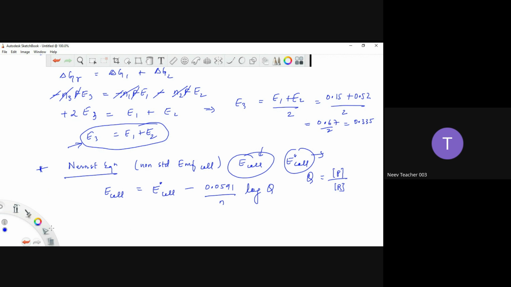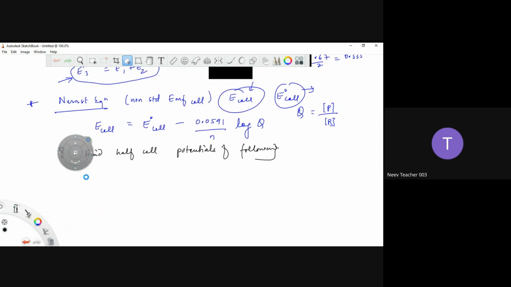Okay. Then the question I'm going to ask is: find the half cell potential of the following. First part, this is the half cell, Mg going into Mg2+, and the magnesium 2+ ion concentration is 2 into 10 to the power minus 3 molar.